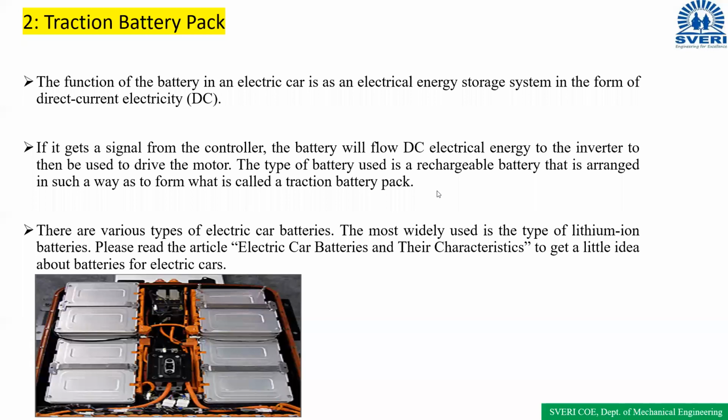The type of battery used is a rechargeable battery that is arranged in such a way as to form what is called the traction battery pack. What is the meaning of this point? Sometimes we don't require the power, for example, when the vehicle is moving downhill, that time the motor has no need to get the supply.